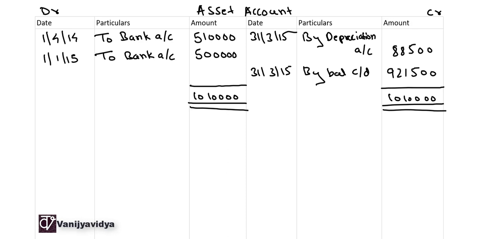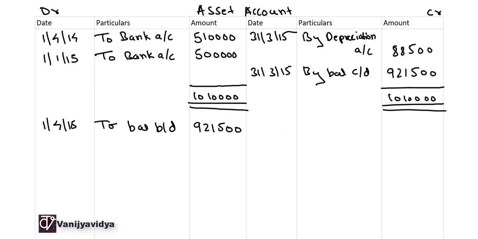Now this balance we will take to the next year. So 1st April 2015 to balance brought down 9,21,500. So this was about the asset account.